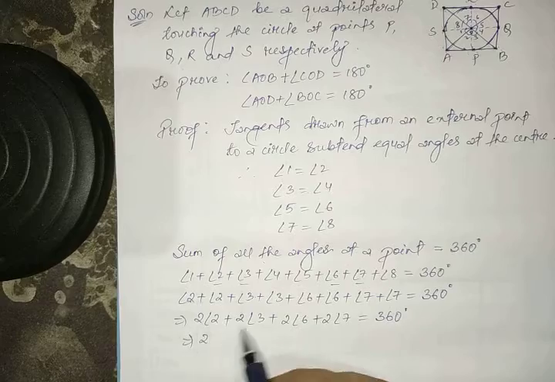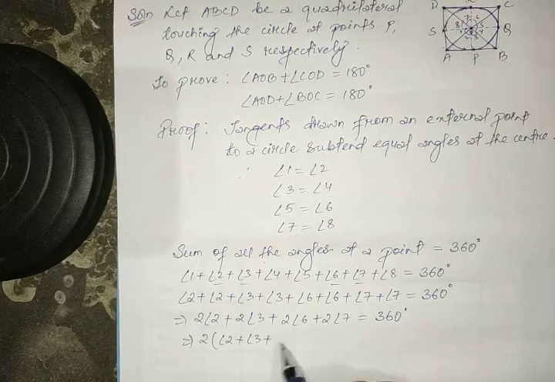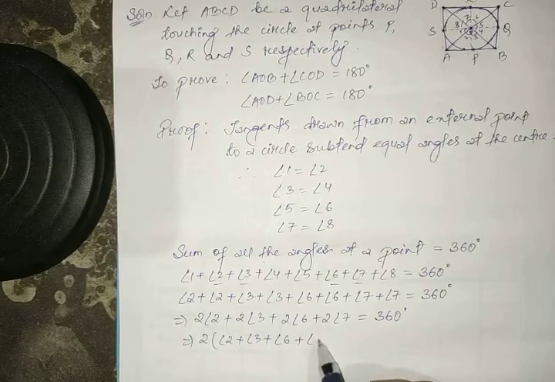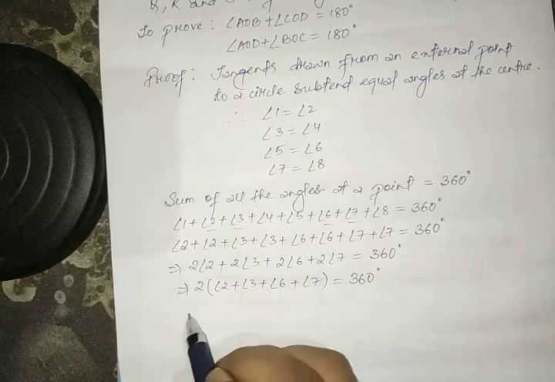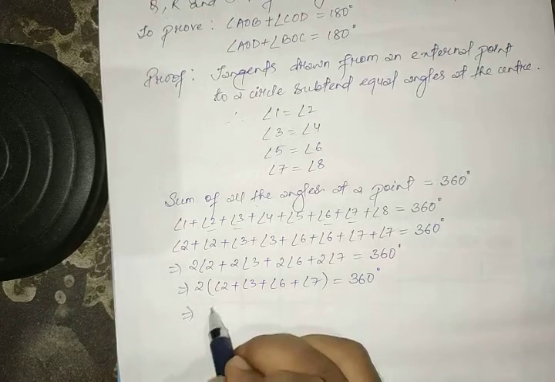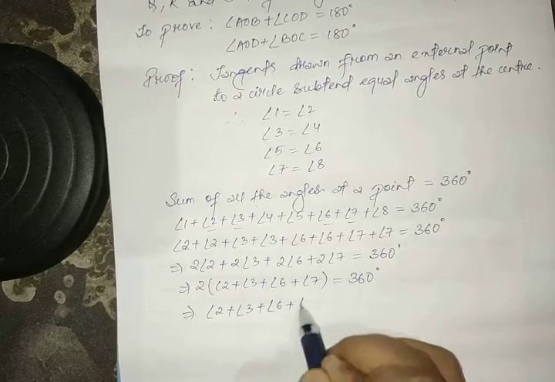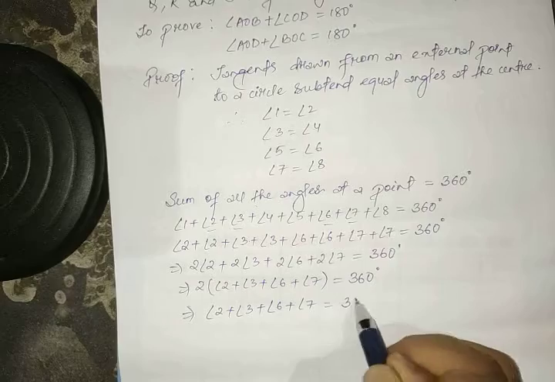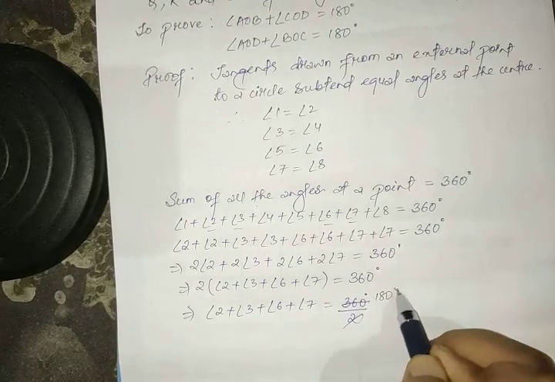What is remaining: angle 2 plus angle 3 plus angle 6 plus angle 7 equal to 360 degrees. The 2 is multiplied, so we take it to the right hand side where it becomes divide. We get angle 2 plus angle 3 plus angle 6 plus angle 7 equal to 360 degrees divided by 2, which gives 180.